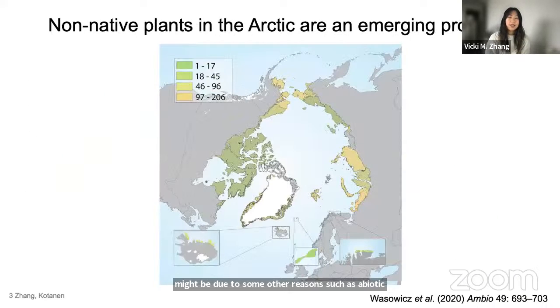The Arctic is one of the few areas in the world that is minimally affected so far by non-native species, but they're slowly becoming an emerging problem. Many recent studies have documented the presence of non-native species in the Arctic. Here I'm showing you just vascular plants found in the Arctic Circle, but this also includes aquatic and other terrestrial non-native species as well.